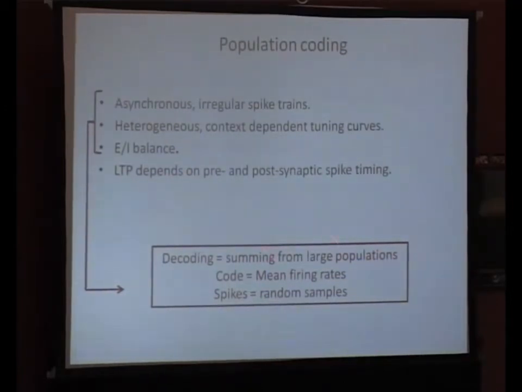And there's a whole theory about how you can do that. In fact, the code, if we want to simplify a lot, is like the mean firing rates of the neurons, that is, its average activity either over trials or over neurons. And if you look at single spikes, since they are not reproducible from trial to trial, single spikes can be considered as random samples from that underlying rate.